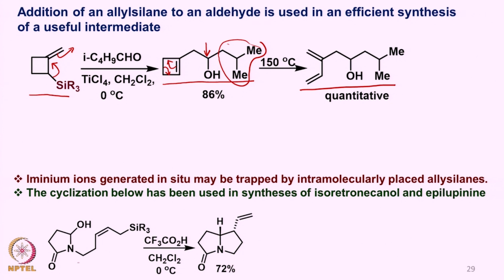So for example, if you have a substrate of this kind and if you treat it with trifluoroacetic acid, this is another example of a Bronsted acid, and the moment this gets protonated here, then what is happening is that the lone pair of electrons from here to here can push this out, and once that happens, then of course you have an iminium ion of this kind, where this is from here.